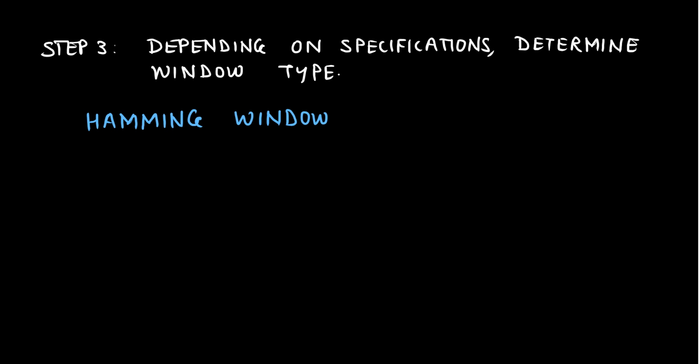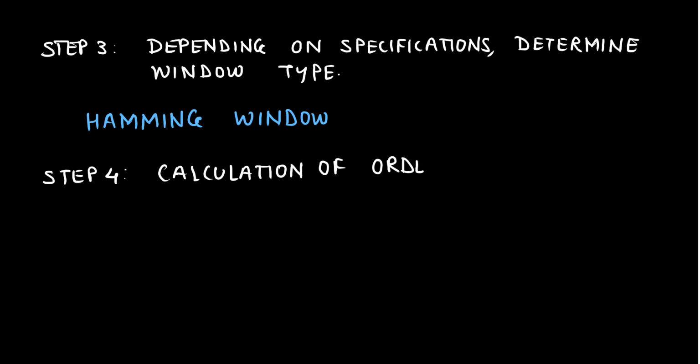Now we have chosen the window, we know the cutoff frequency. One more specification that we require to design a filter is the order of the filter. So the next step, step 4, is calculation of order, that is M, for the filter.